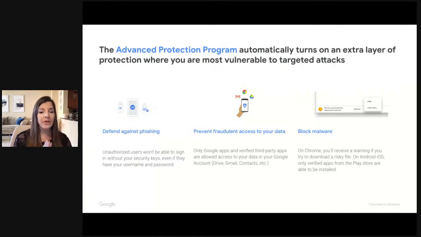For Android users, Advanced Protection also prevents installation of unknown apps sourced outside of the Play Store that may be harmful. So even if you do share your information with an app, or you put your information on a fake sign-in page, like the example we saw earlier, Advanced Protection will block your information from being shared.